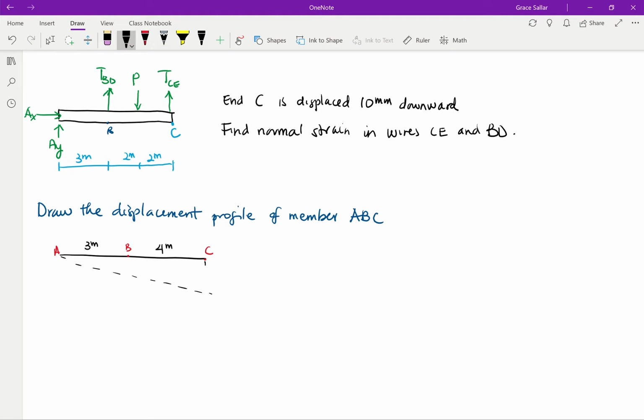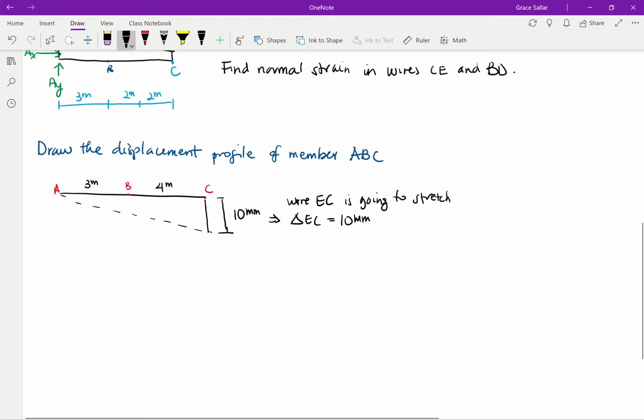If our beam is going to displace downward 10 millimeters, we can also call that our change in length of EC. So our wire EC is going to stretch, and that delta is 10 millimeters.